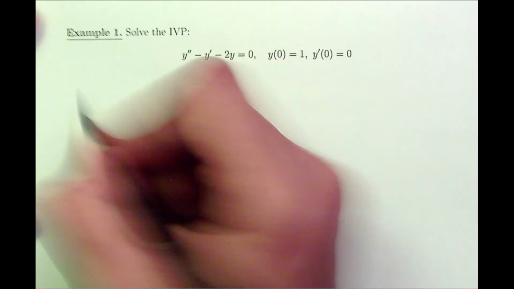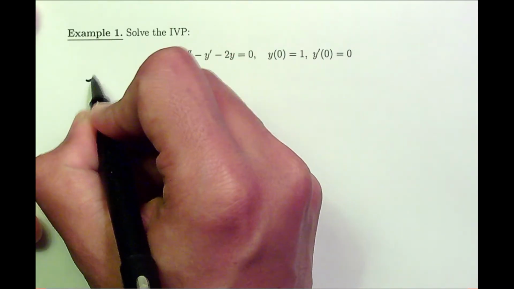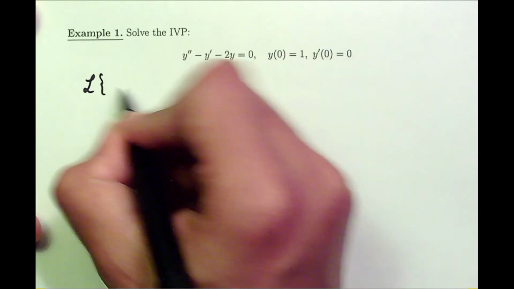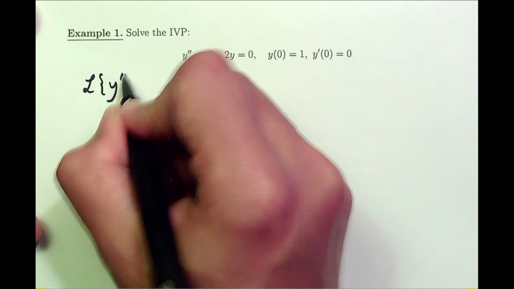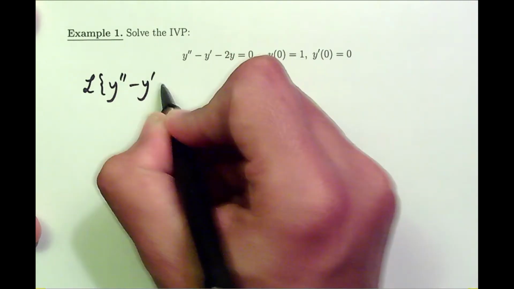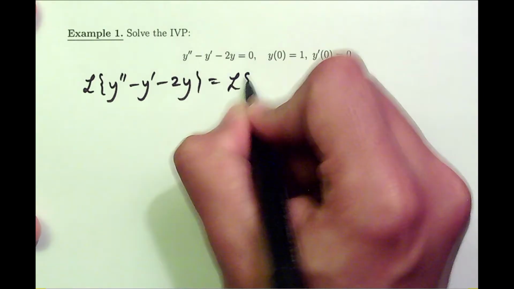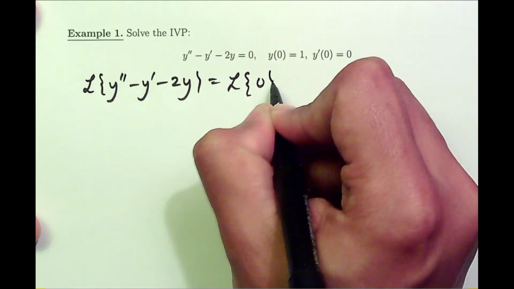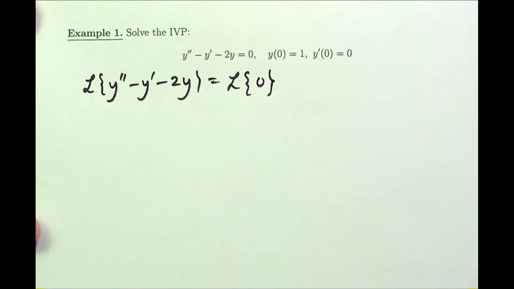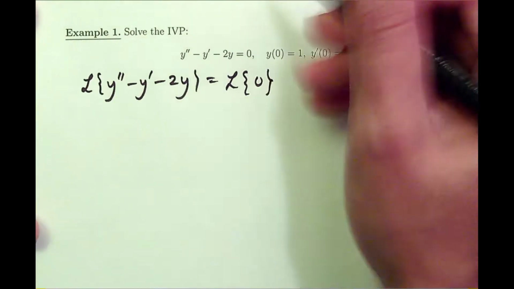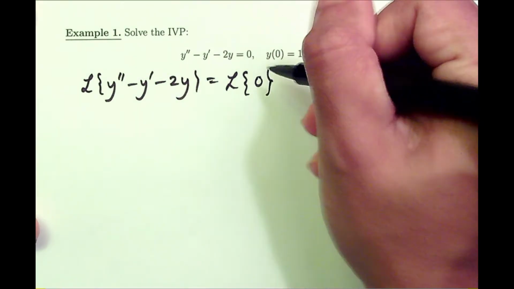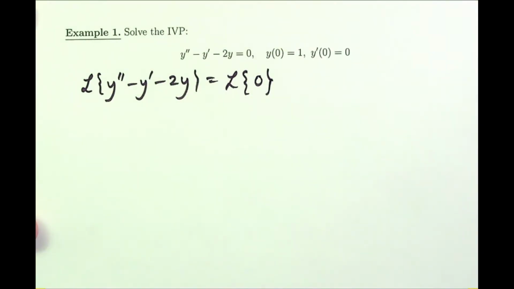So that means the left side is the Laplace transform of y double prime minus y prime minus 2y, equals the Laplace transform of 0. Okay, so just apply L to both sides. Apply the Laplace transform operator to both sides. And now we're going to work out both sides.